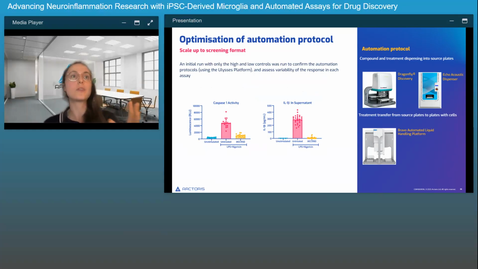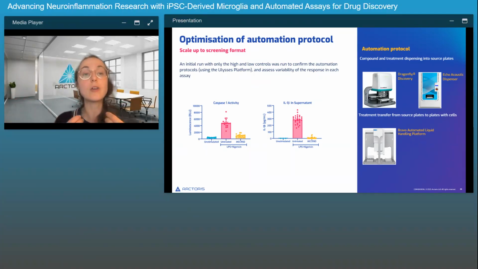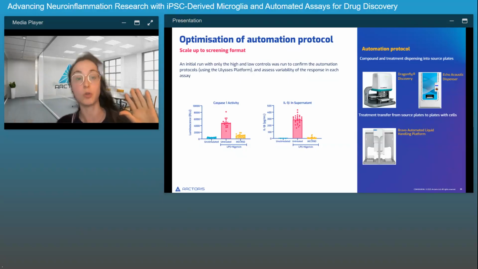And lastly, as part of the onboarding, once we had our treatments, concentrations, and timings all set up, we said, okay, how can we use our automation platform? How can we use this assay in that format? Is it reproducible? Is it robust enough? So we did a first run, similar to what we will then do for our screen, but just using our high and low controls.